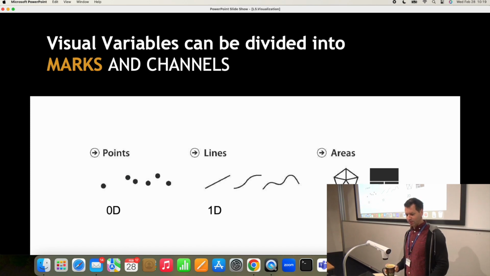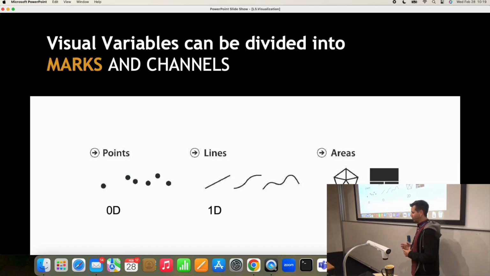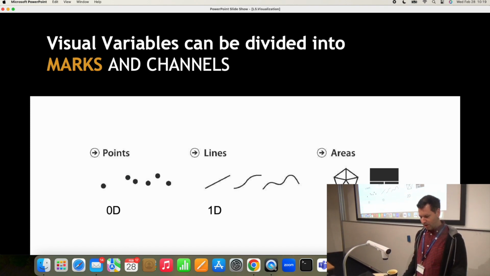We could take those visual variables and divide them into so-called marks and channels. This terminology I find confusing, by the way. I personally don't think in terms of exactly this terminology, but it's good for teaching purposes, right? Marks can be, for example, points, lines, and areas.